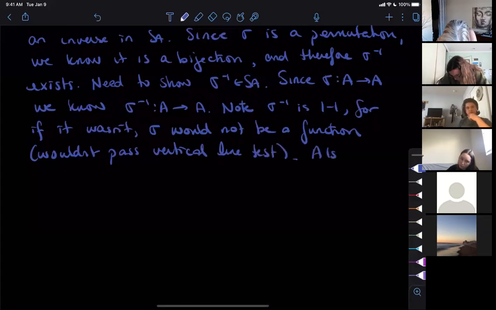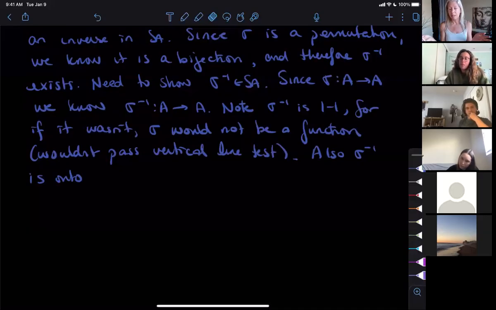Also, sigma inverse is onto. Why? Well, sigma pushed everybody forward, and sigma inverse just pushes them right back. If there was somebody that sigma inverse did not hit, that would mean there was something that sigma didn't get applied to.